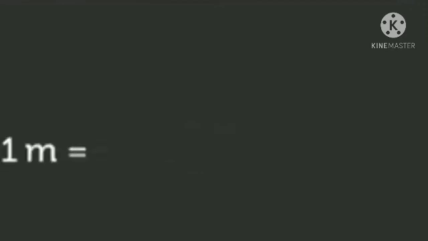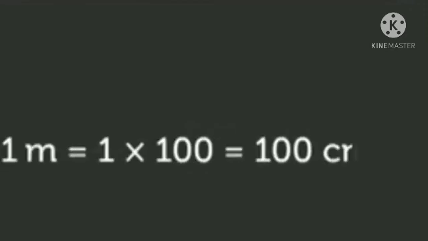Would you like to convert some meters into centimeters? It is very easy. Yes. Now, as I said, 1 meter is equal to 100 centimeters. So, to convert meters into centimeters, we have to multiply the meters by 100.